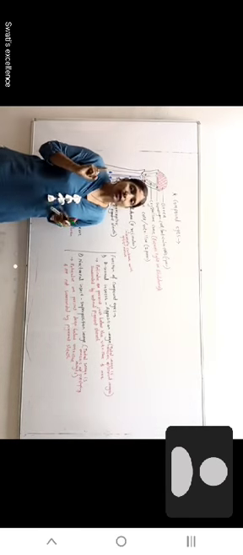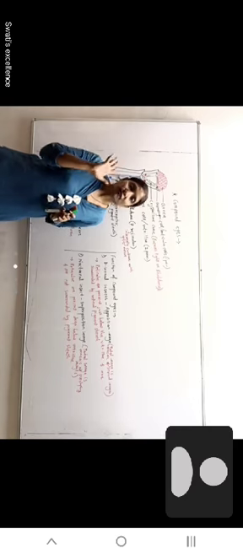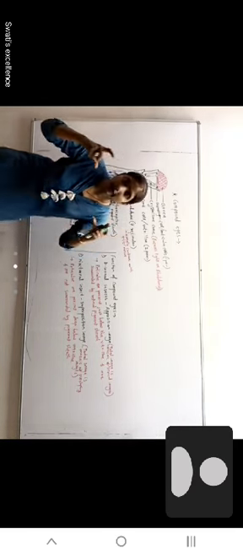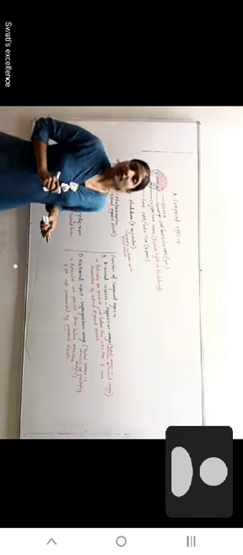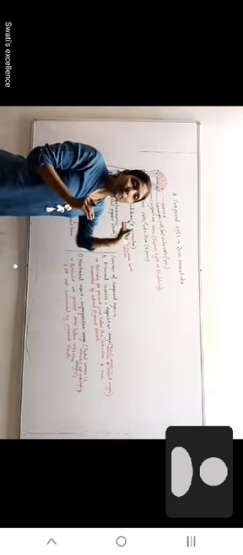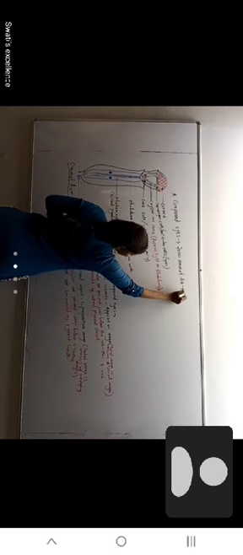The cockroach has a pair of compound eyes, one on either side, dorsally on the head. Each compound eye is made up of how many ommatidia? 2000. With the help of these ommatidia, singular is ommatidium, the cockroach produces which type of vision?